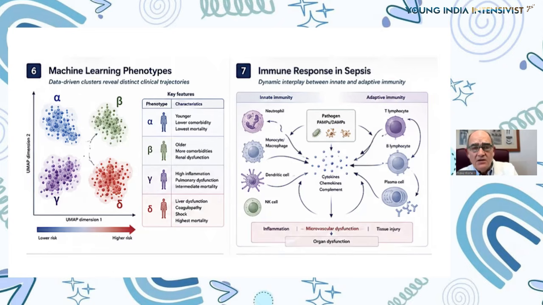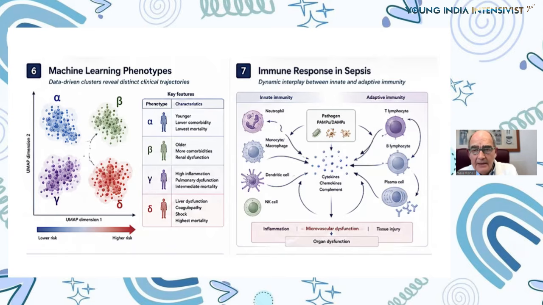But if this is true, looking at the different phenotypes of patients, we also have the involvement of the immune response to sepsis. There is always a very dynamic and strong interplay between innate and adaptive immunity. We know that innate immunity involves neutrophils, macrophages, dendritic cells, and NK cells, whilst adaptive immunity involves lymphocytes and plasma cells producing antibodies.